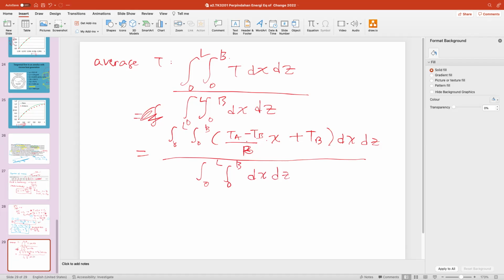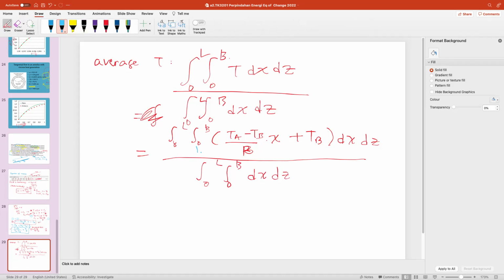Okay, so you may want to first do the integration from here to here first. Then when you get the result, you do the integration with that one, and then divide by the integration of dx and also the integration of dz.